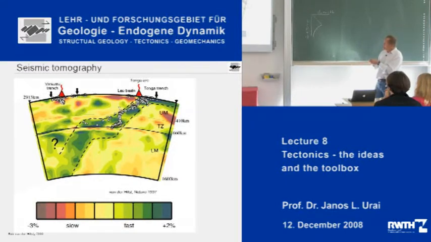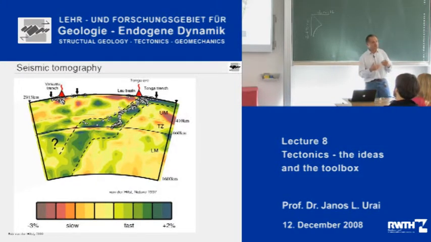What you see here is that there are places where the color is blue, and that means that the seismic waves here are about 2% faster than the standard Earth. And on this side it's red, and in these places the seismic waves are about 3% slower.